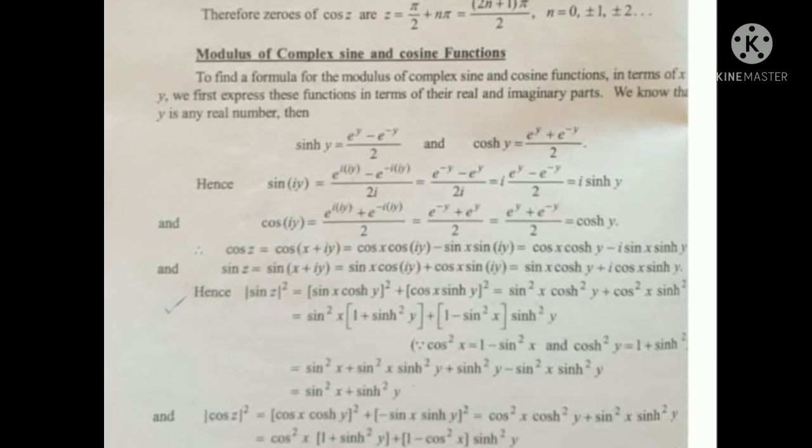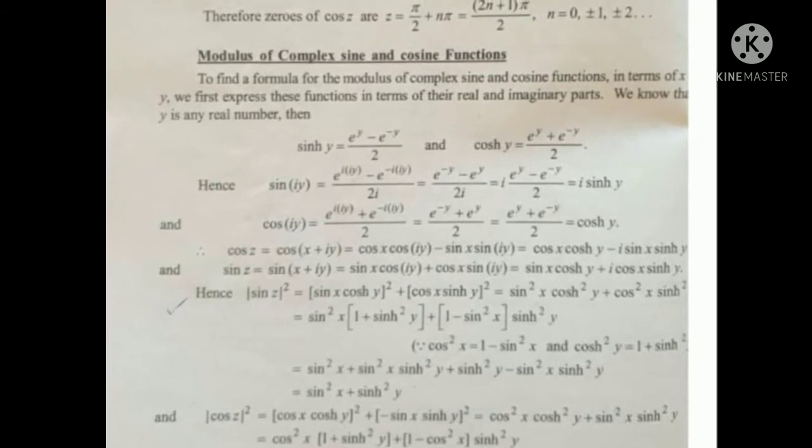So sin iy equals (e^(i·iy) − e^(−i·iy))/2i, which is equal to (e^(−y) − e^(y))/2i, which is equal to i times (e^y − e^(−y))/2, equal to i sinh y.